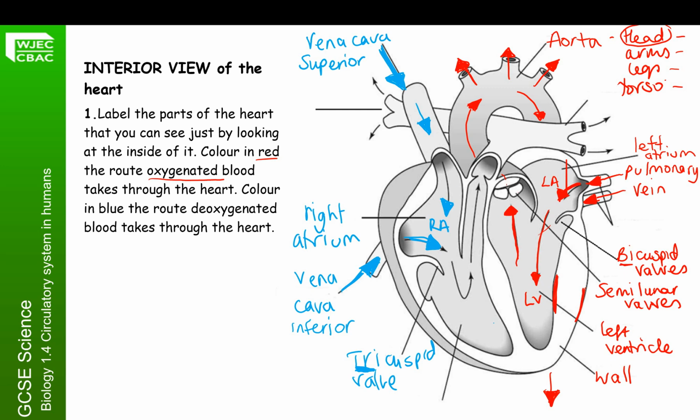And you can see it's a little bit roomier on this side, but also we've got a much, much thinner wall, and I'll explain why that's significant in a minute compared to the left-hand side. So through the tricuspid valve, into our bottom chamber, and remember we called this the ventricle, so this is the right ventricle.